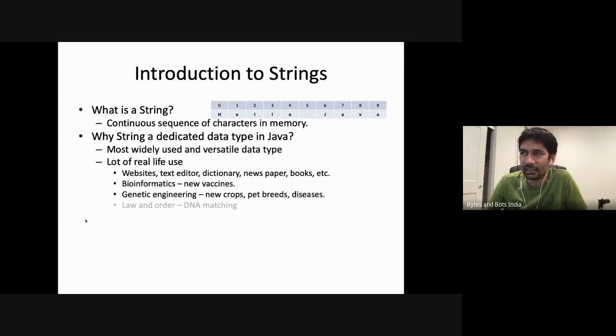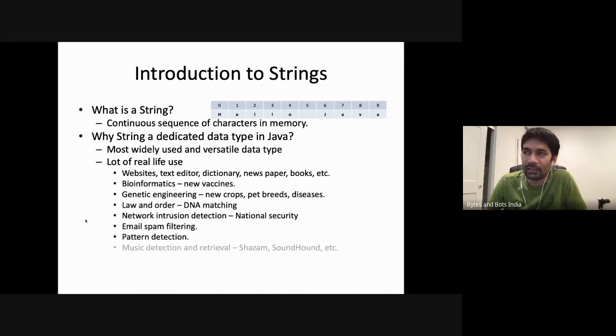websites, text editors, your dictionary, newspaper. Those are all strings. String is heavily used in bioinformatics, like this COVID-19 scenario, right? Do you know how they are working on finding a vaccine?